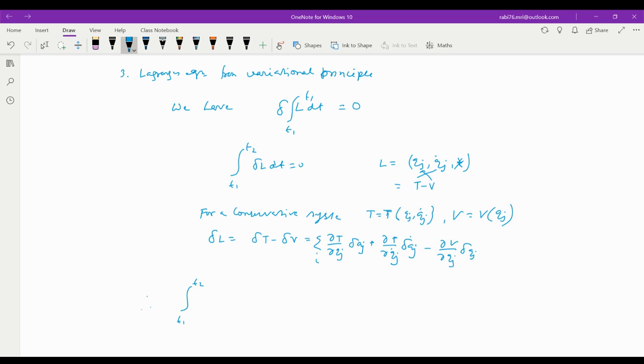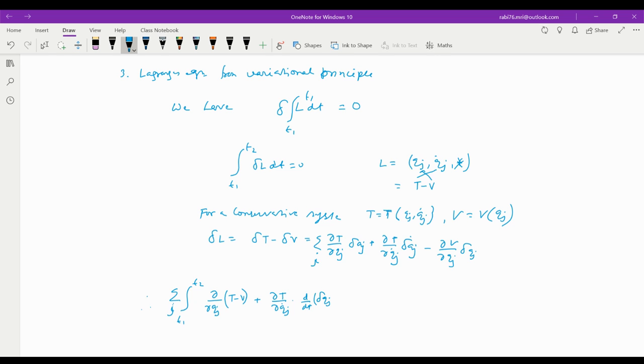summation over j, I'm making the summation outside, summation over j, of del (T minus V) del qj plus del T del qj dot into d/dt of delta qj.